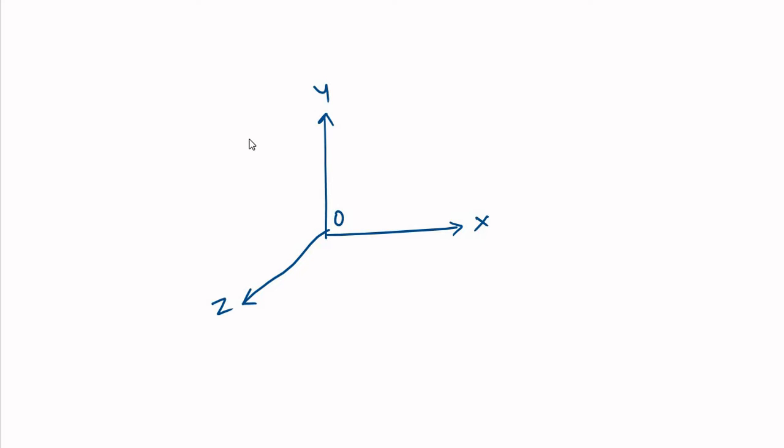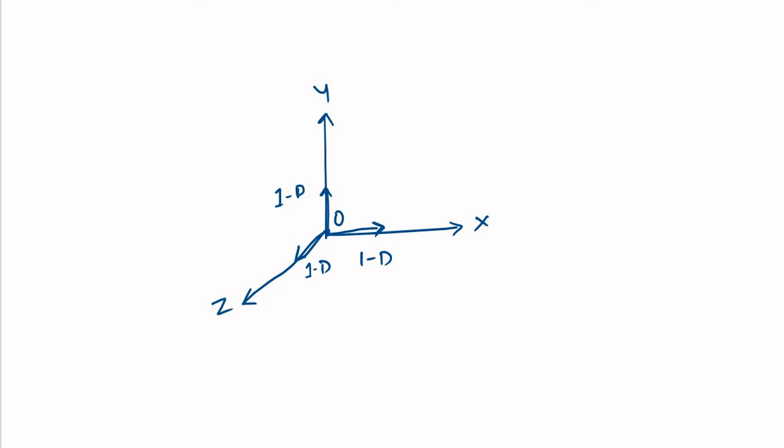Let's say we have an object which moves only along the x axis, not the y axis or z axis. This is an example of one-dimensional motion. If it moves only along the y axis, this is also one-dimensional motion. If it moves only along the z axis, that is also one-dimensional motion. Only along one of the axes is movement happening.